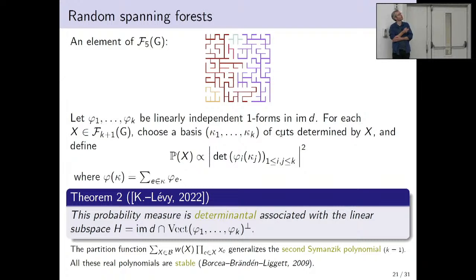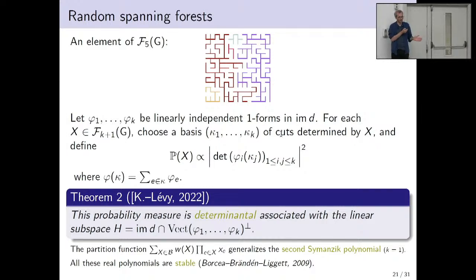Anyway, so you can think about this even as a free abelian group, and you take a basis of this thing. But intuitively, think of this as just taking, for each connected component minus one, because there's a linear dependence, the cut determined by that.